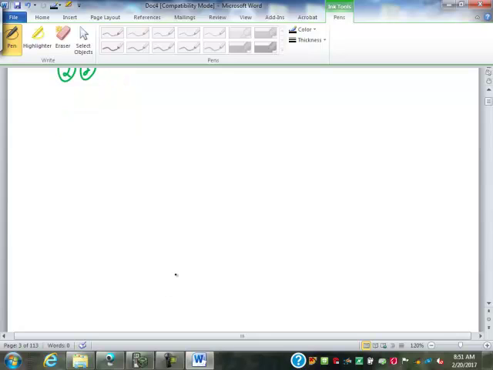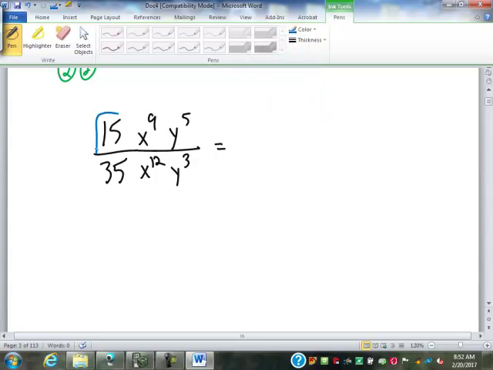So when I am looking at a problem like this, I can separate out the numbers. 15 over 35.